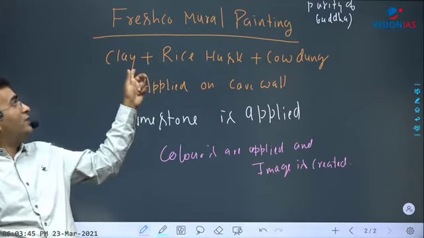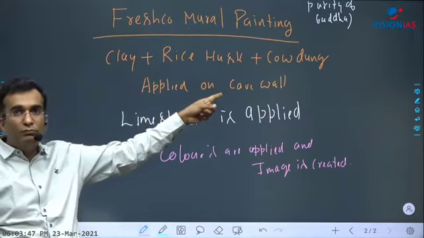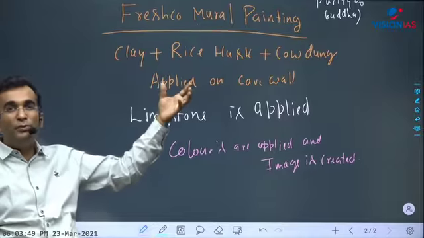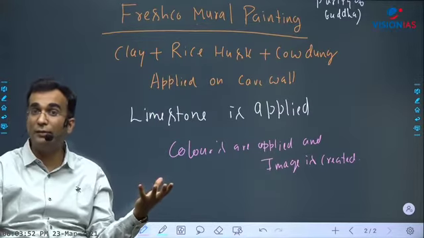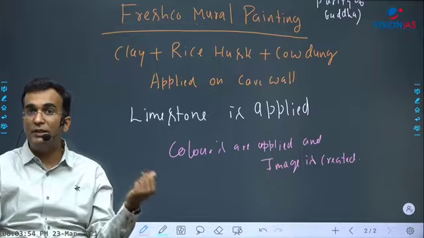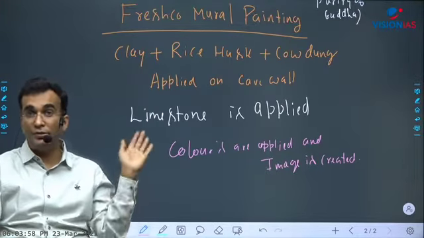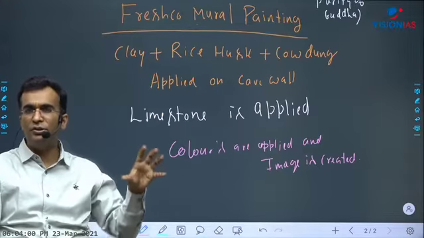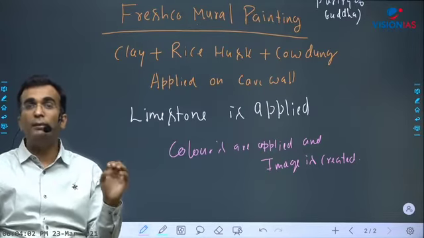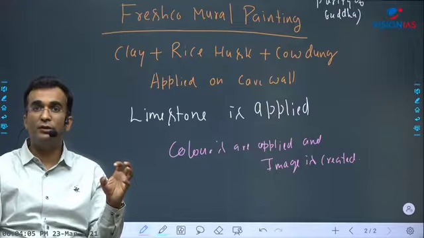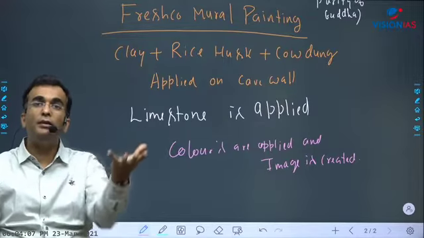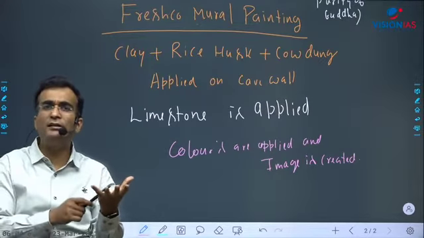Before you mention further, listen. This mixture that you see, clay, rice husk and cow dung, can absorb moisture. So deliberately this mixture was pasted on the wall because it can absorb the moisture and water. And once the painting absorbs the moisture and water, it enlivens the painting as if it was created freshly.